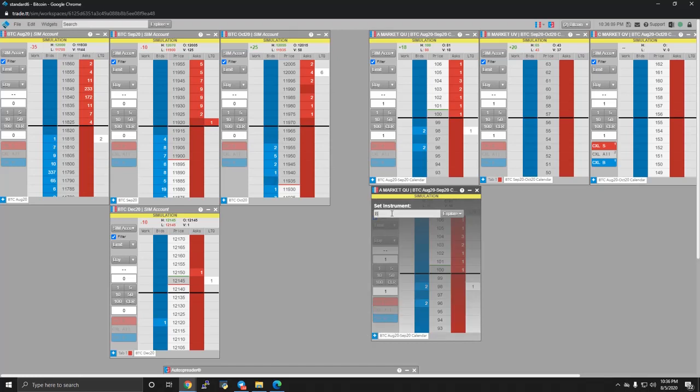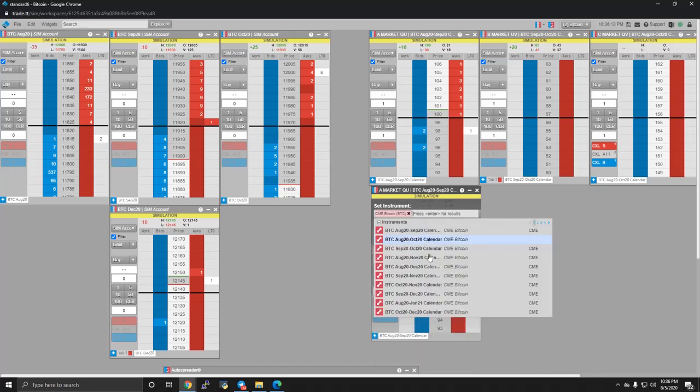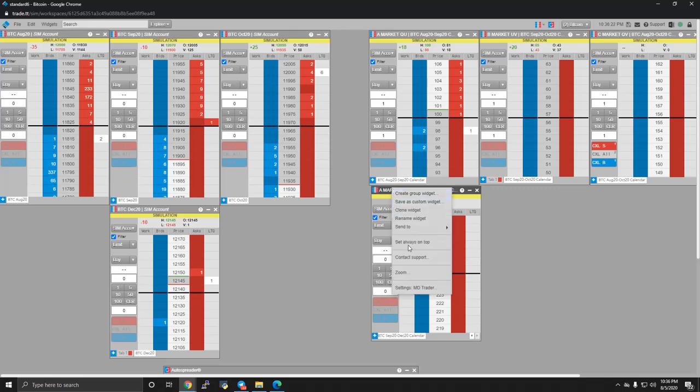This is our new C market. Bitcoin Sep Oct, Sep Nov, Sep Dec, and we will rename this properly. This is going to be the new C market, and that is UZ.